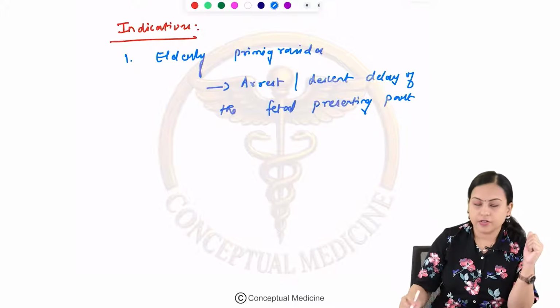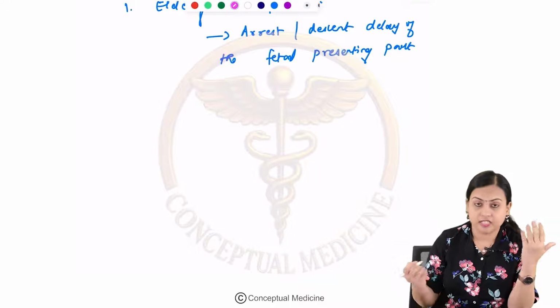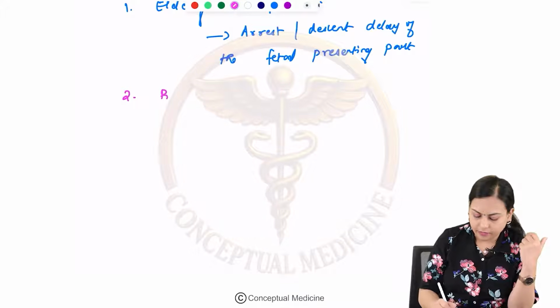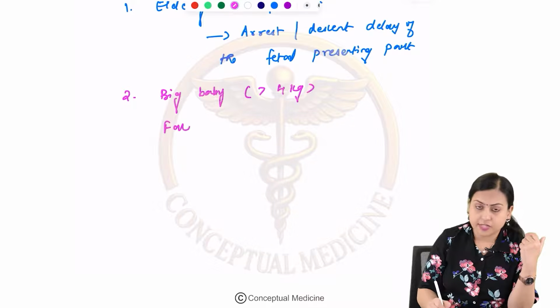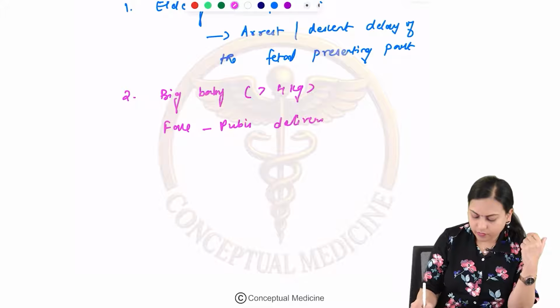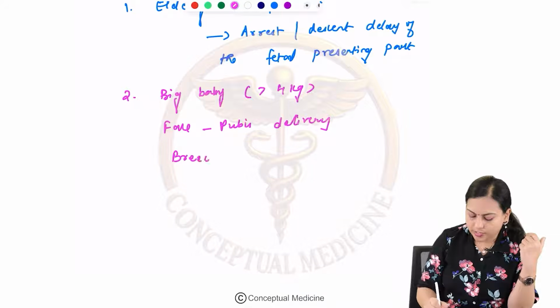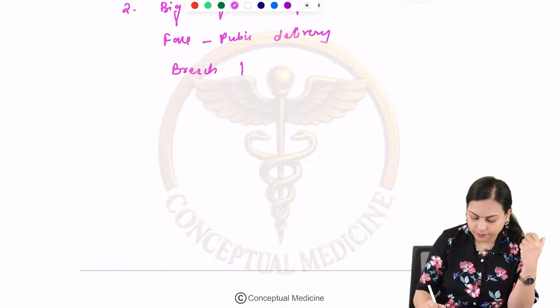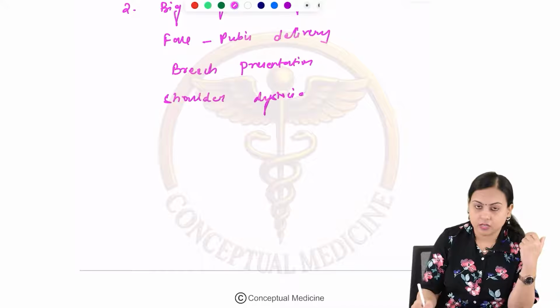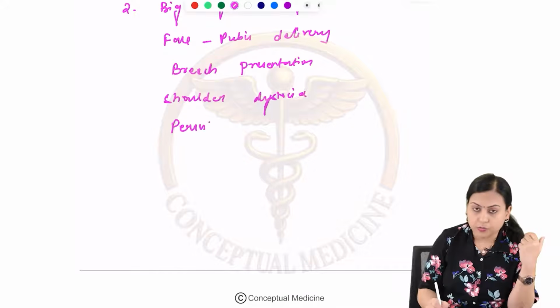And whenever you are anticipating perineal tear, for example, when there is a big baby above 4 kg, then a face to pubis delivery is anticipated, or malpresentation like breech presentation, shoulder dystocia, persistent occipito-posterior position.